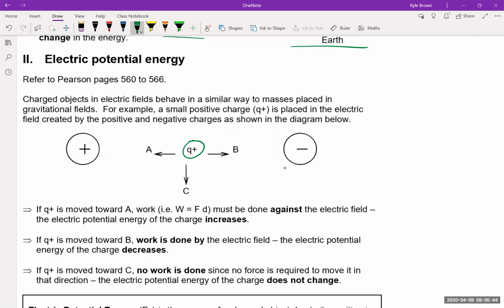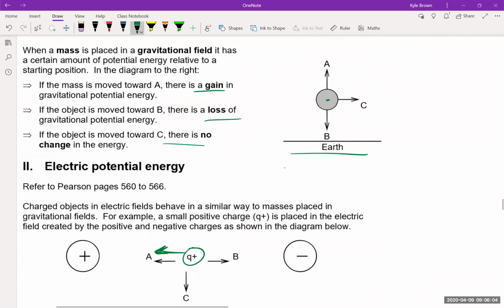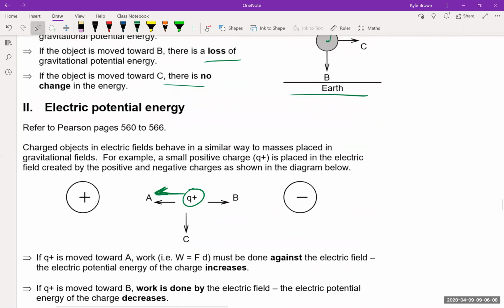if I move this toward point A, it's like a magnet. It's like having two north poles of a magnet pushing towards each other. It's like a spring even. I'm doing work to bring this thing over here, and it's getting harder and harder to push. I'm giving it potential energy. But instead of gravitational potential energy like we had before when we lifted it up to A, we're giving it electric potential energy.